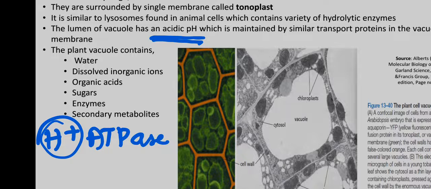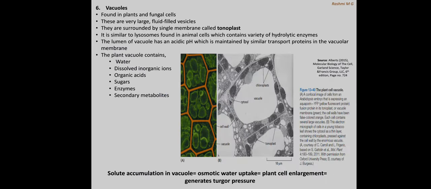It pumps H plus inside for maintaining the acidic pH. The plant vacuole contains water, dissolved organic ions, organic acids, sugars, enzymes, secondary metabolites, etc. This is the image showing the vacuole; the whole vacuole is present in this image.